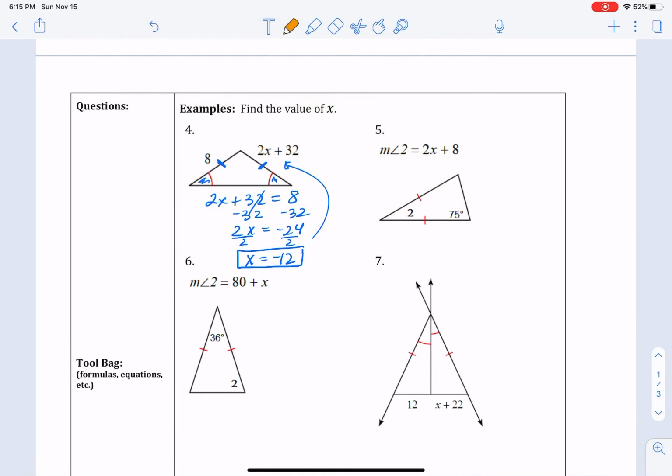Number 5, again, requires you to know that the degrees in a triangle equal 180 degrees. But it also asks you to recognize that that's where the 2x goes, 2x plus 8. And that because these two sides are congruent, these two angles are congruent. So that means that this angle is 75 as well. So then, for our equation, 2x plus 8 plus 75 plus 75 equals 180.